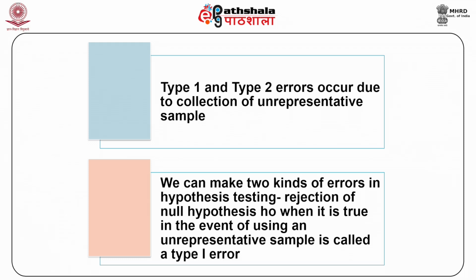We can make two kinds of errors in hypothesis testing. Rejection of the null hypothesis H0 when it is true, in the event of using an unrepresentative sample, is called a type 1 error.